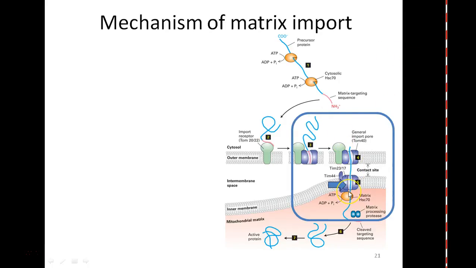They form a very long straight channel, and the protein is going through this channel, passing through the intermembrane space and going straight into the matrix here.